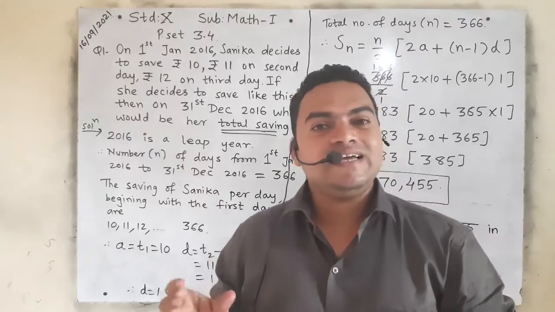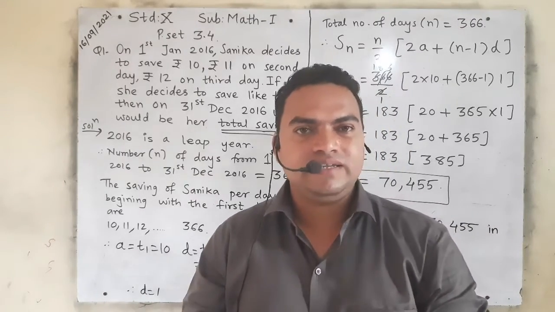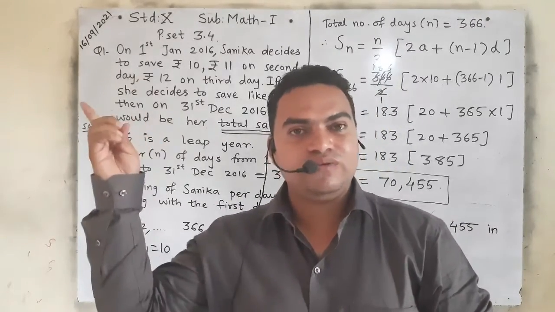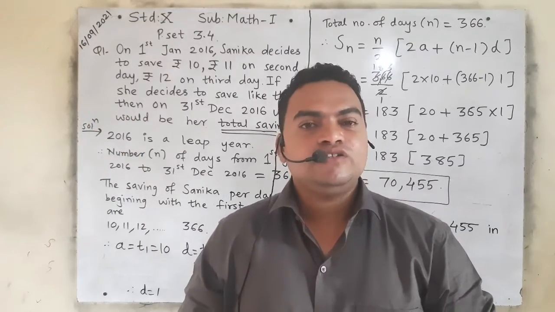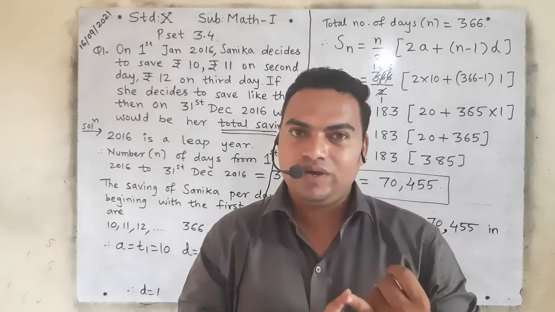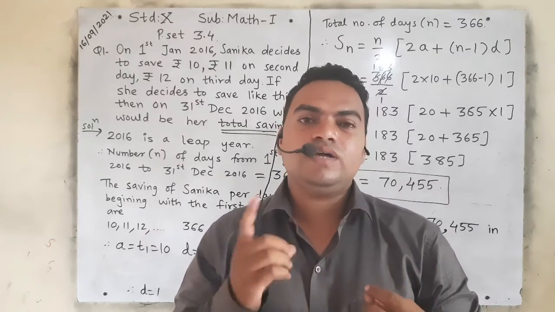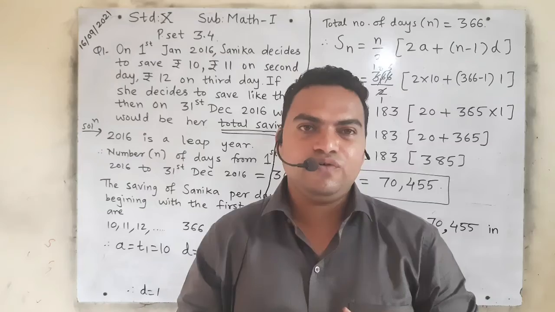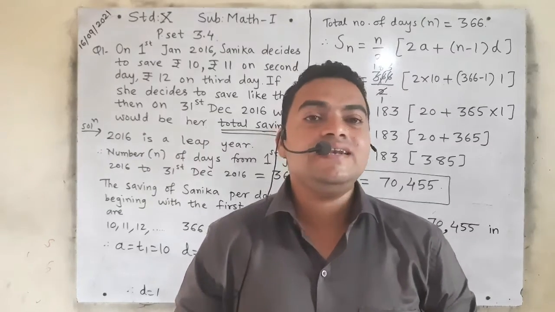Why? Because Sanika decided to save some money starting on 1st of January 2016. So my dear students, first of all I would like to tell you that 2012, 2016, 2020, 2024, 2028 are leap years.